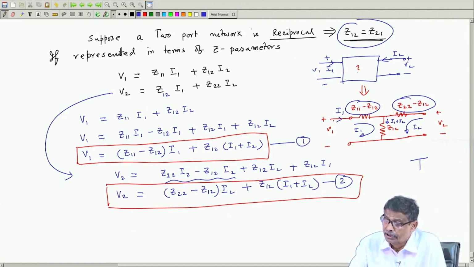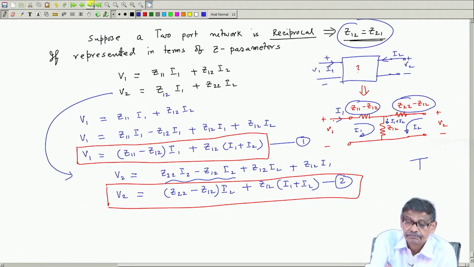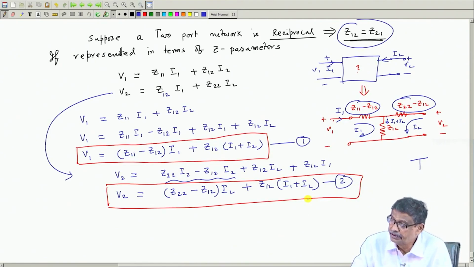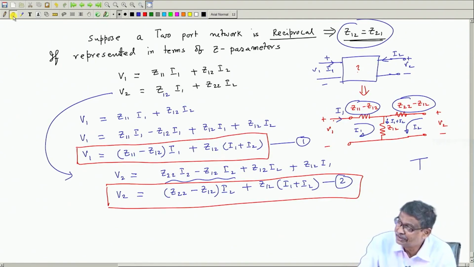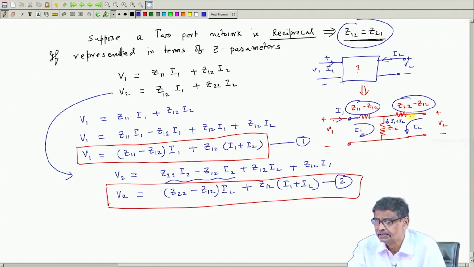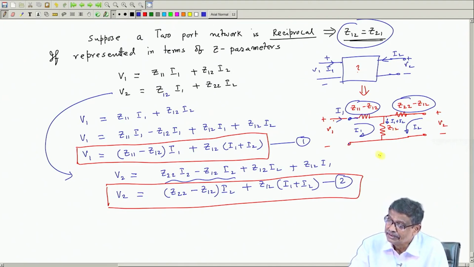And once you do this, the interesting part is, these are the ports, these are available to me, and inside I can now think of it as a T network of this form. If it is like that, these three impedances are connected in star.